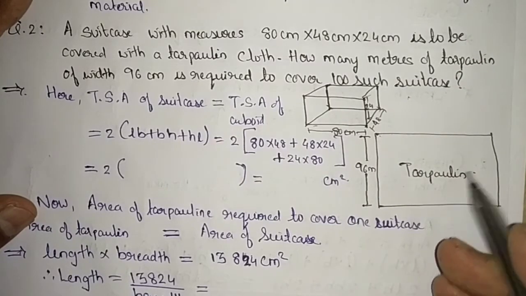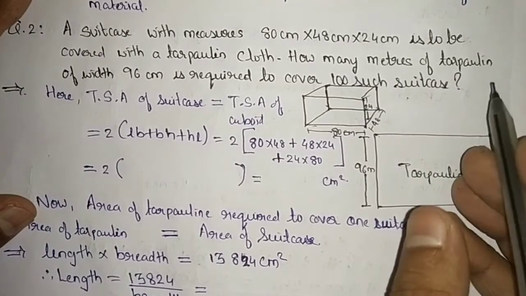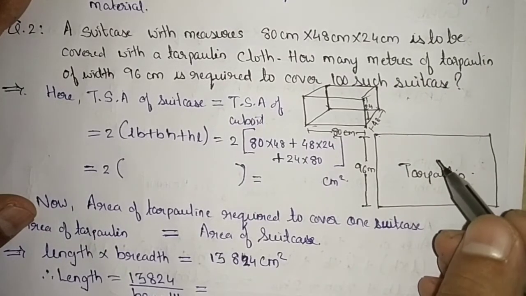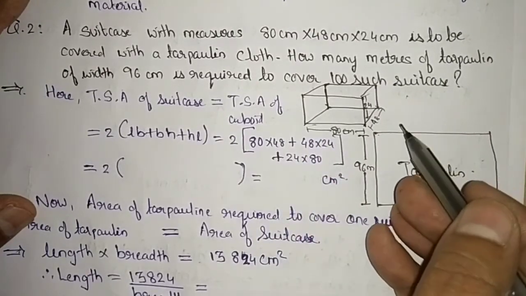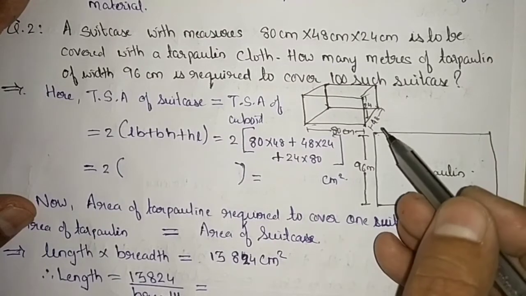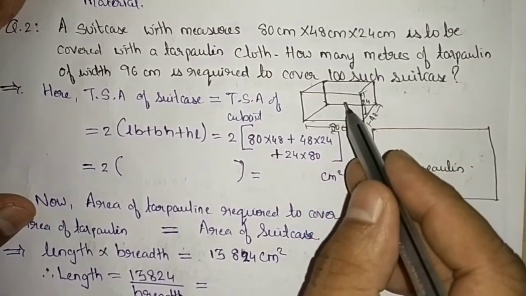Tarpaulin is a long rectangular shaped waterproofed plastic material which we use to cover the suitcase. So they are telling us that tarpaulin is used to cover this suitcase.